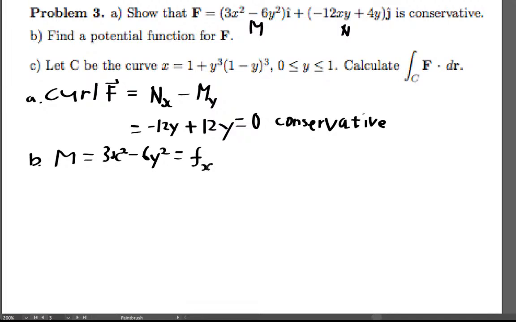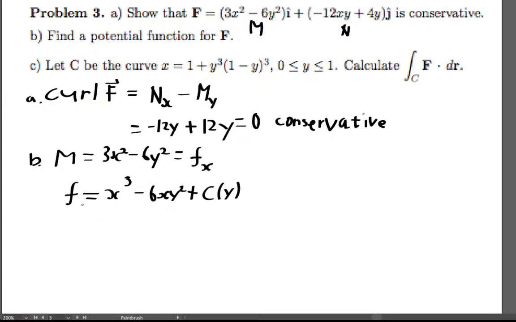To figure out what f is, you take the antiderivative, or an integral. For me, I would just write this down: x to the power 3 minus 6xy squared plus a constant. But this constant is actually a function of y as well.